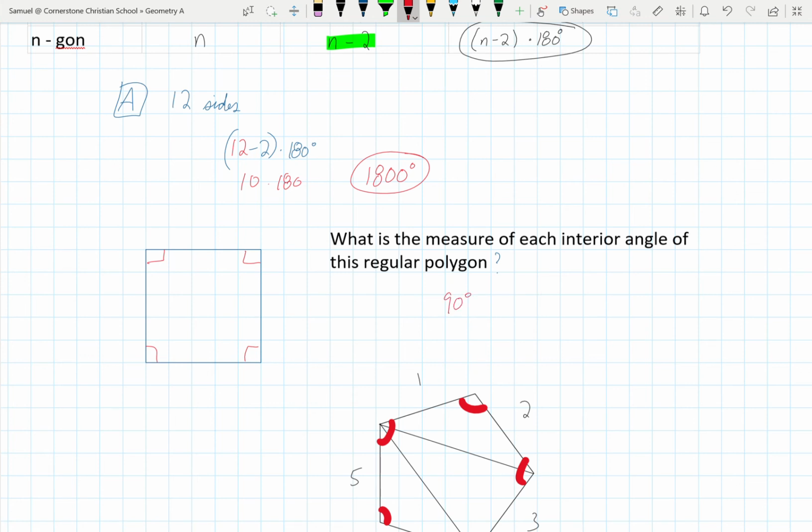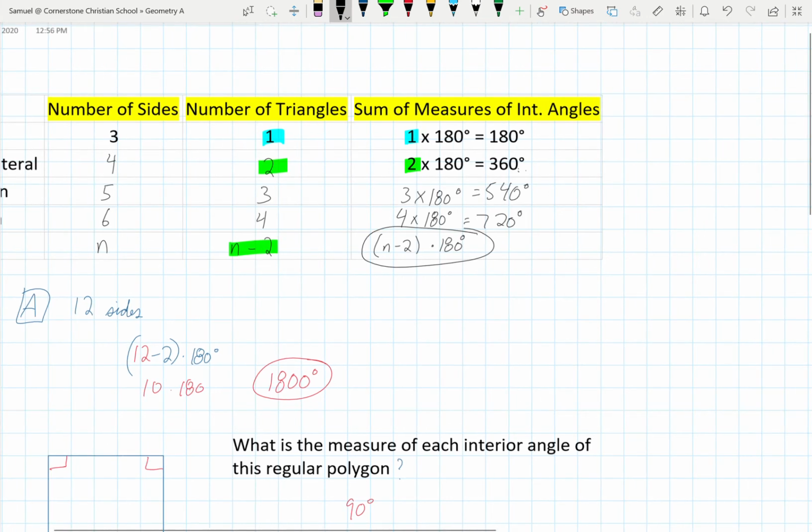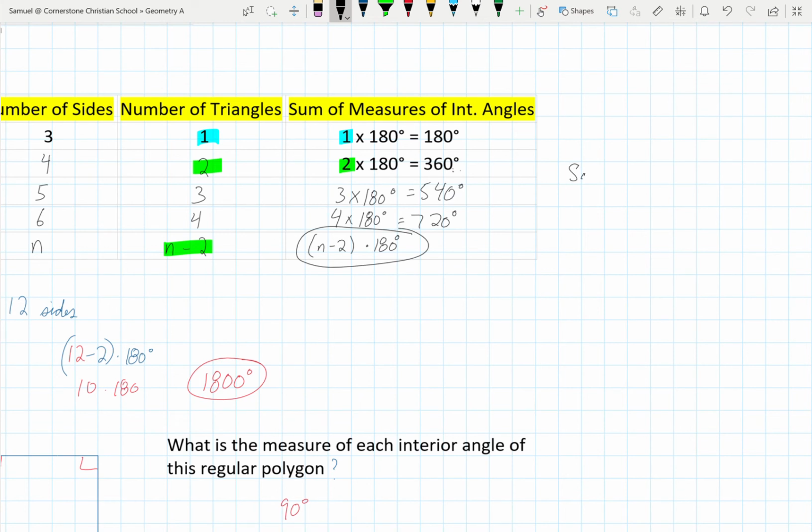But how could we figure that out if it was a different shape, such as an octagon or a hexagon? If we think about the 360 that has to do with quadrilaterals, what did I do with that to get to 90? I took the sum of the measures of the interior angles, divided by what number?